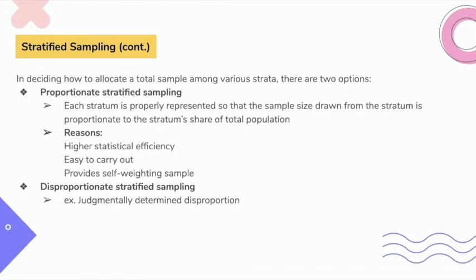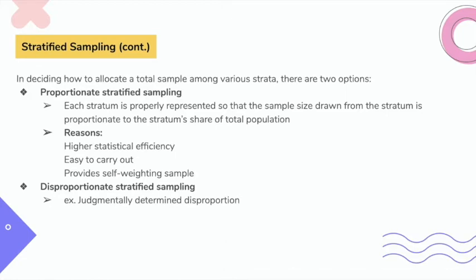Some reasons to use this approach are that it has a higher statistical efficiency than a random sample, it is much easier to carry out, and it provides a self-weighting sample.